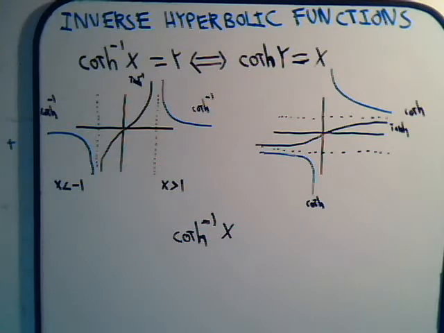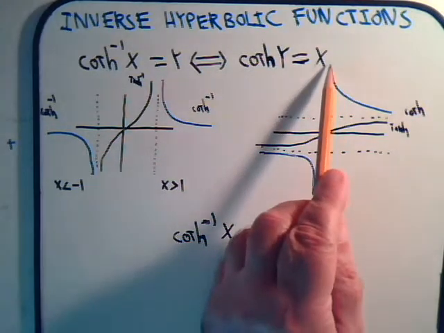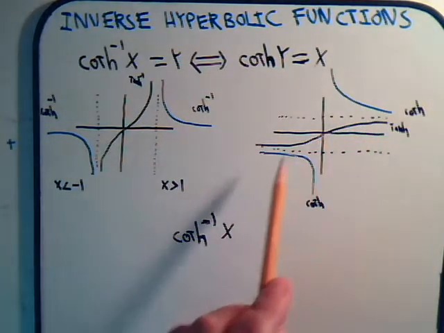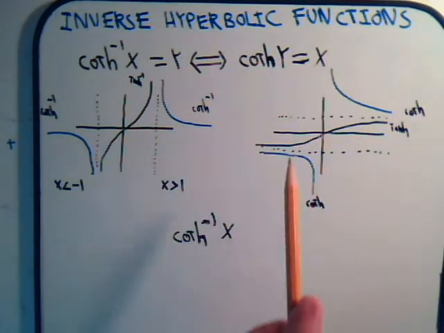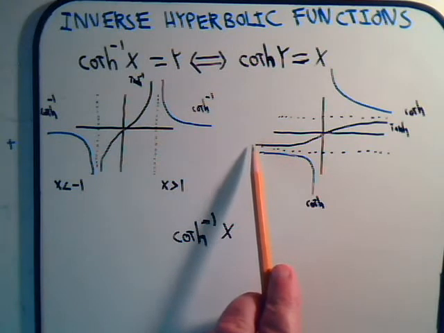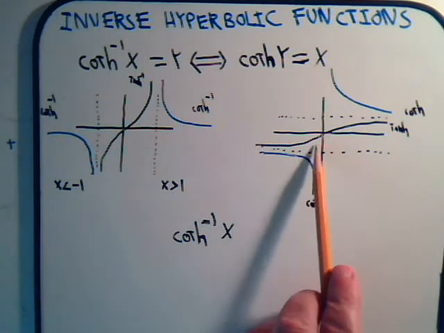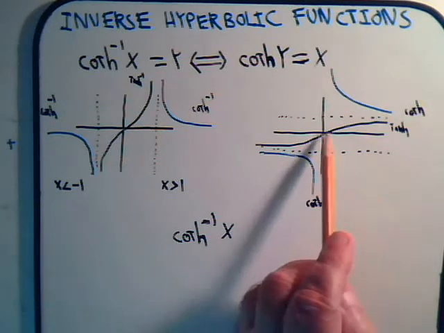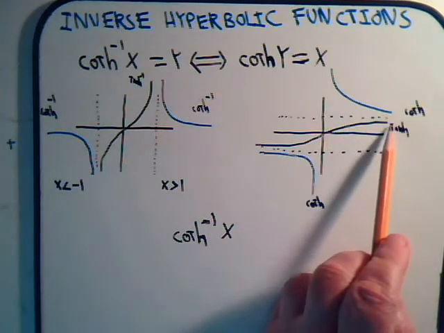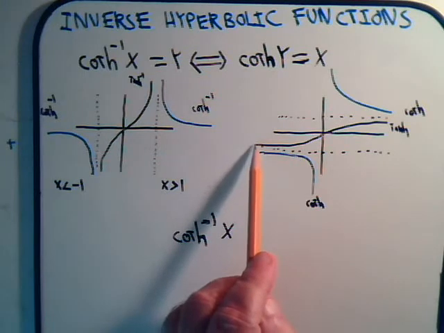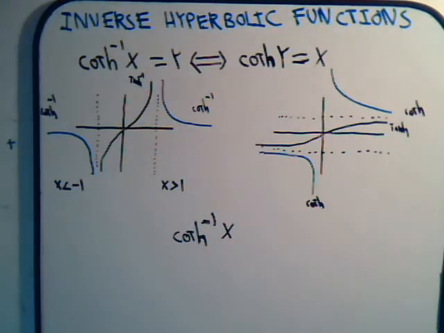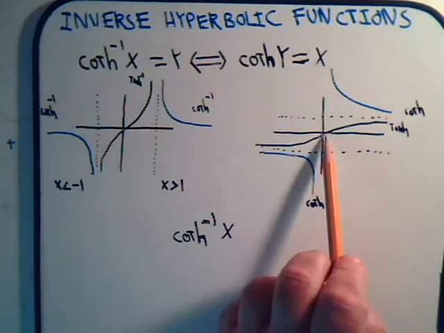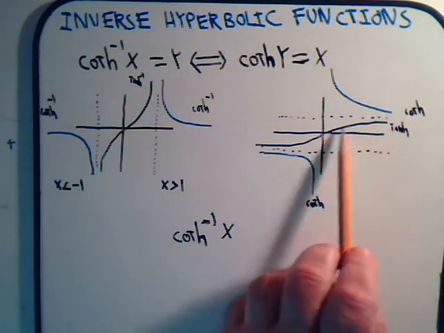Now, over here in blue, we have sketched out the hyperbolic cotangent function. And here we have, as we did before, what the hyperbolic tangent looks like in general. It approaches a maximum value of y equals plus 1 and a minimum value of y equals negative 1. Let's look at this side of the curve.